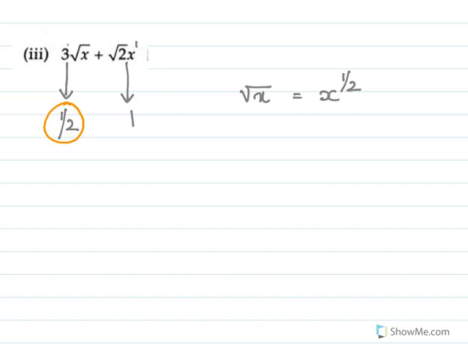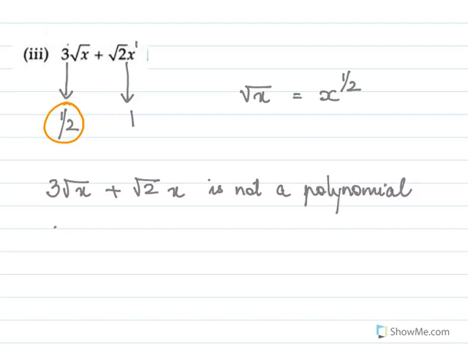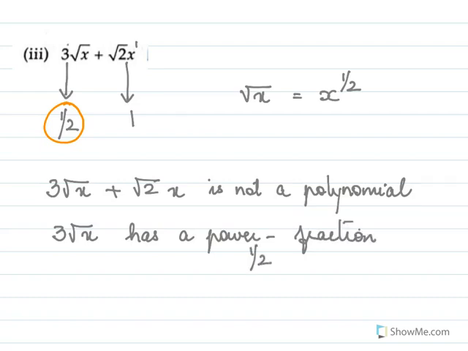Remember, the power of the term should not be a fraction. So 3 under root x plus under root 2x is not a polynomial. And why? Because 3 under root x has a power as a fraction, which is 1 by 2.